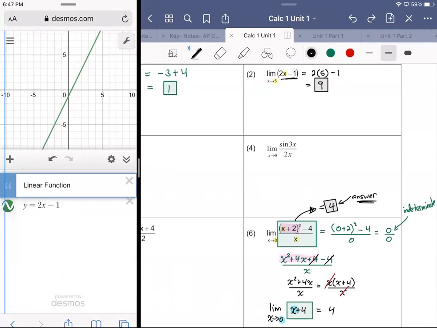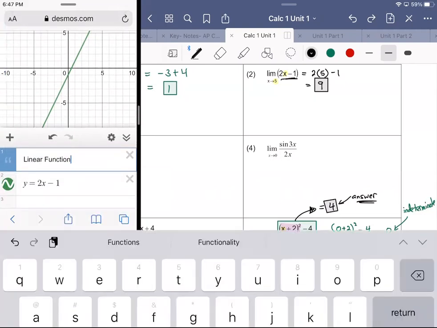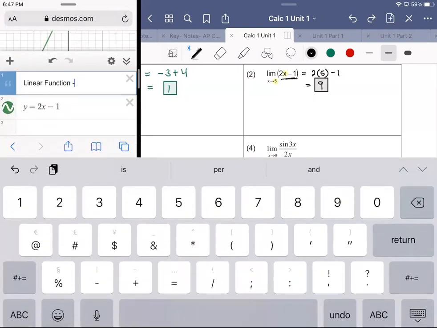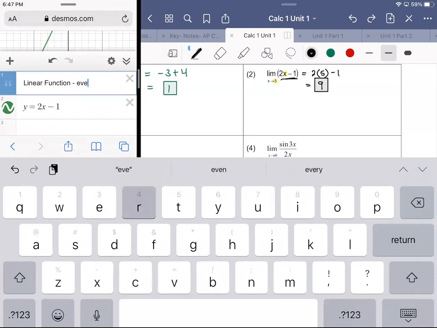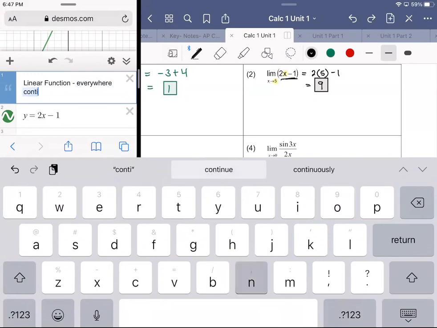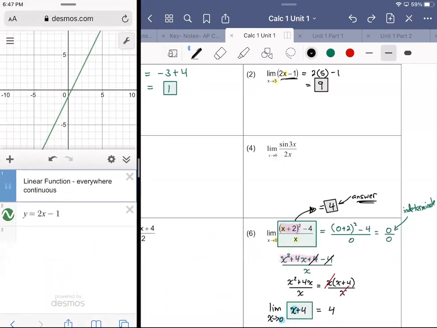Linear functions are always continuous. We say everywhere continuous. What that means is that there's never an instance in which there'll be a break in the graph, like an asymptote or a hole or anything like that.